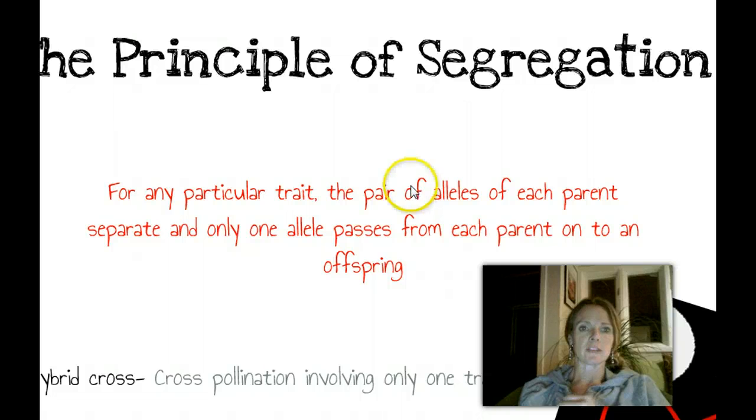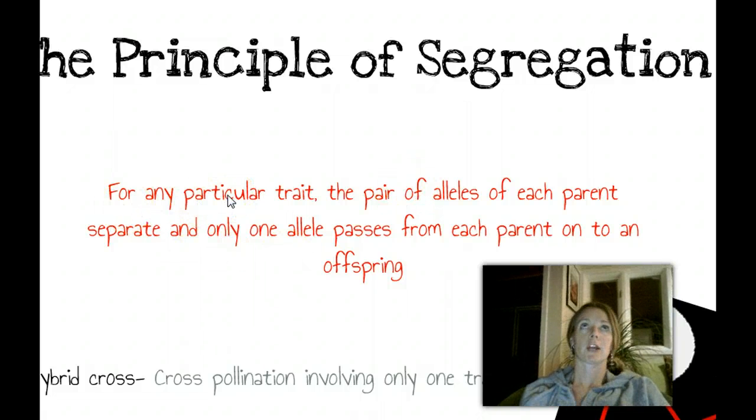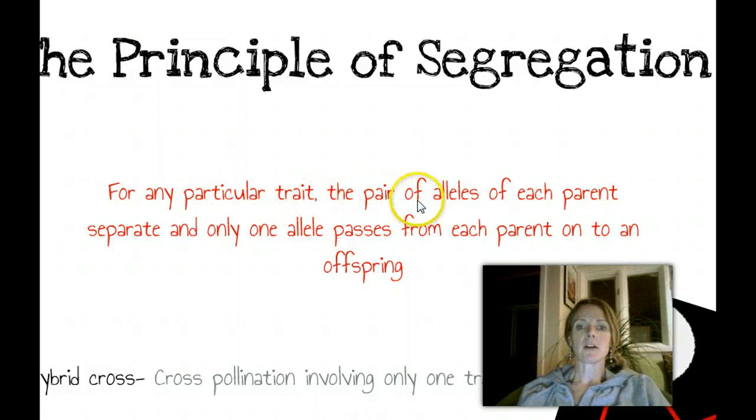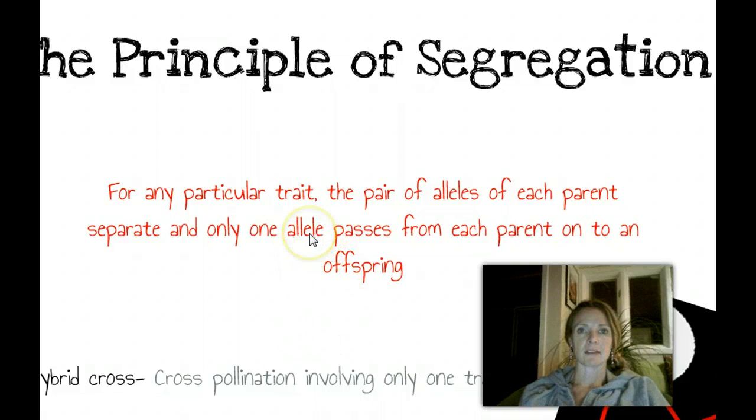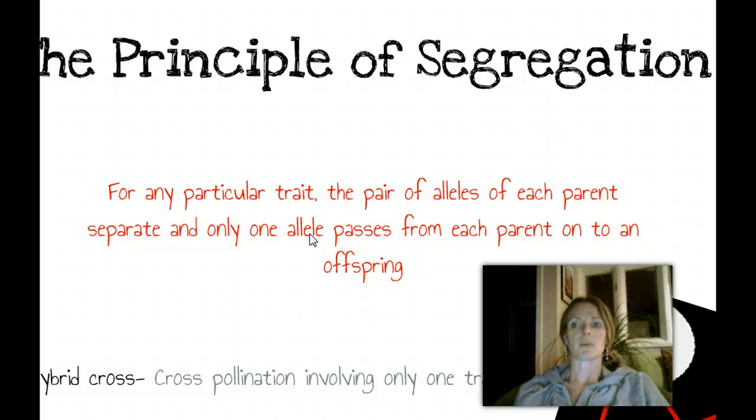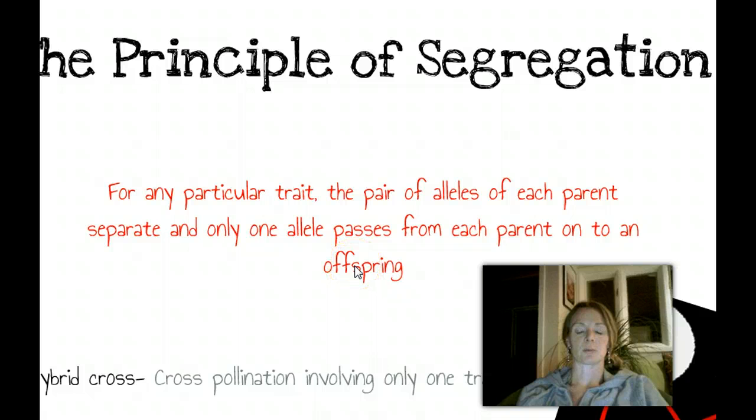So if you want to reword this, for any particular trait, like curly hair versus straight hair, the pair of genes of each parent separate, and only one gene passes from each parent onto an offspring. So gene, again, another name for that is allele, and I'm going to say that a lot with some of the definitions that we have. So one allele passes from each parent onto an offspring.